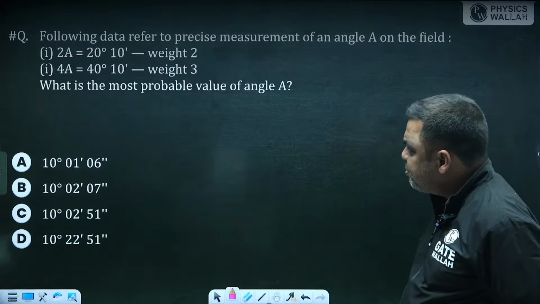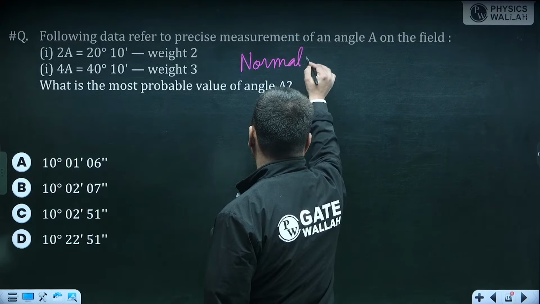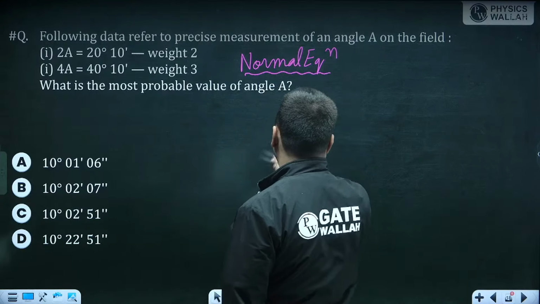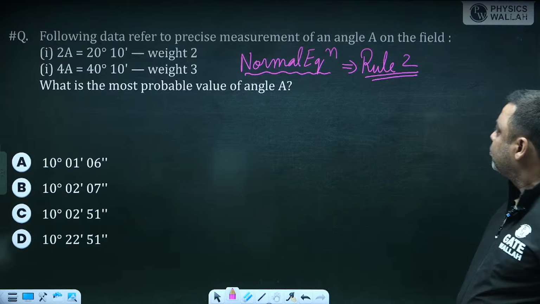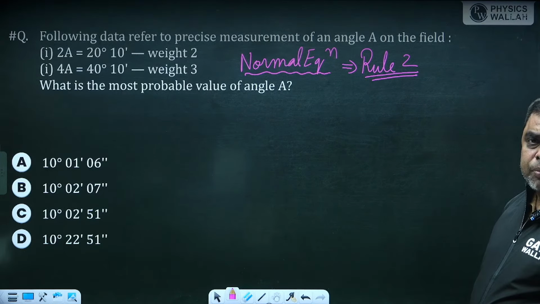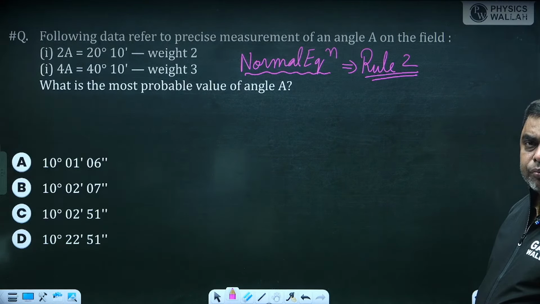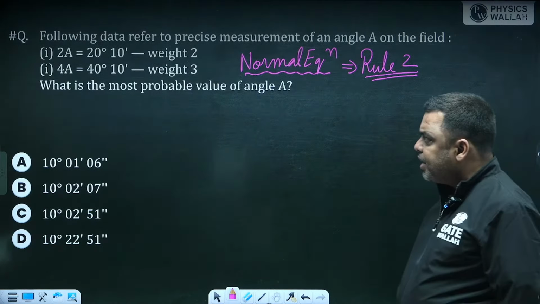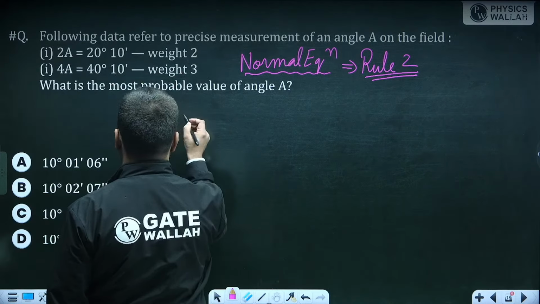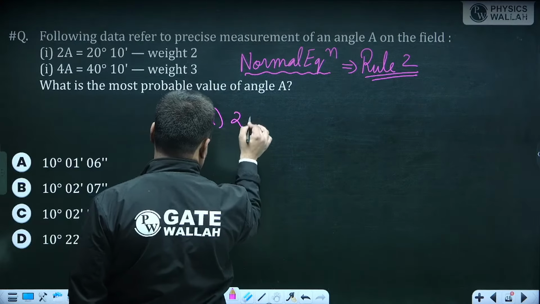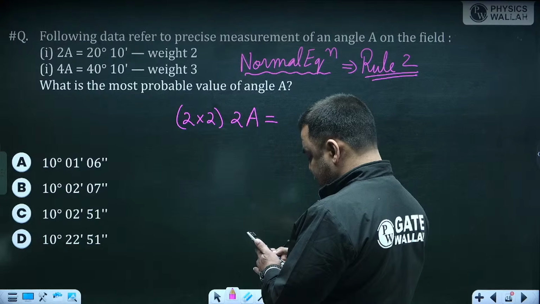So, this particular question has to be solved by normal equation method. Remember, yesterday we have discussed. And by which rule? Rule 2, right? So in rule 2, what do we do? We multiply weight by this, or the product of algebraic coefficient and the weight. 2 into 2, 2a. This would be 4 into 20 degree 10 minutes.